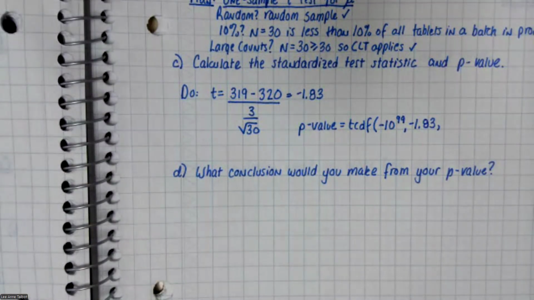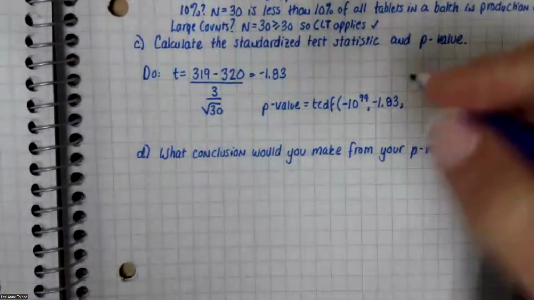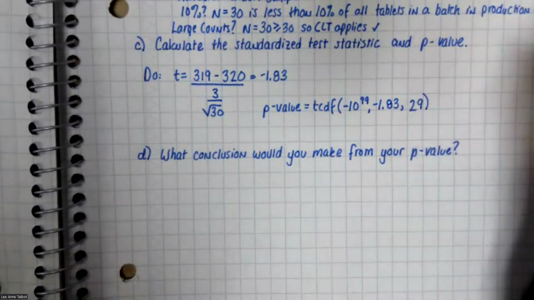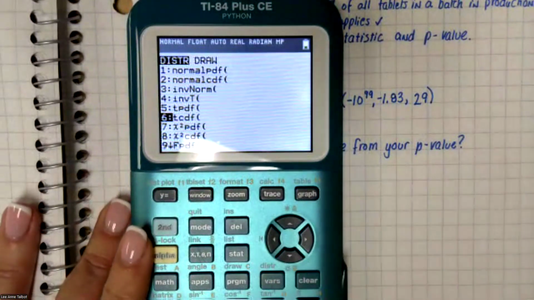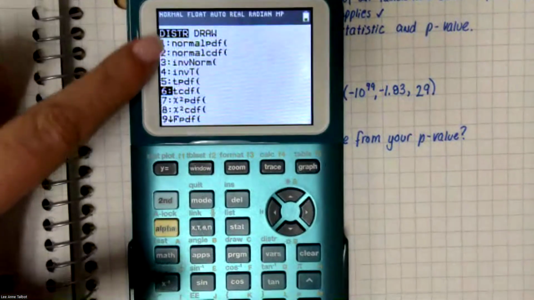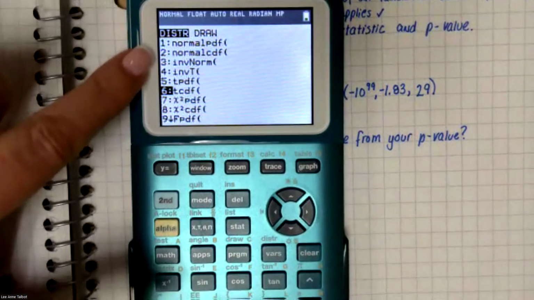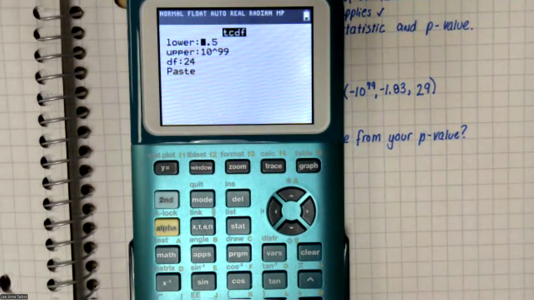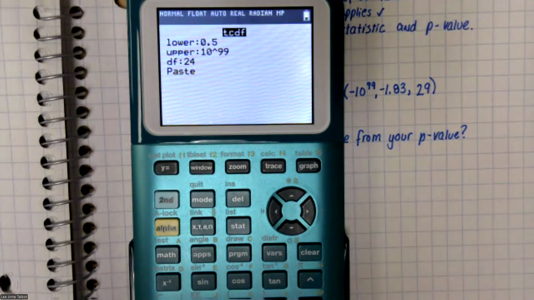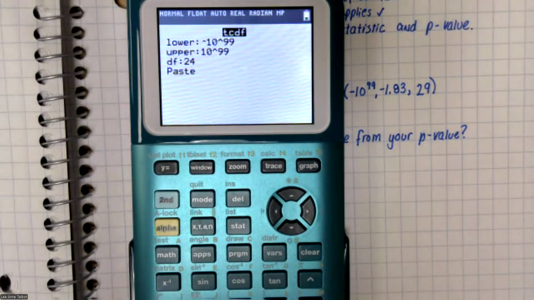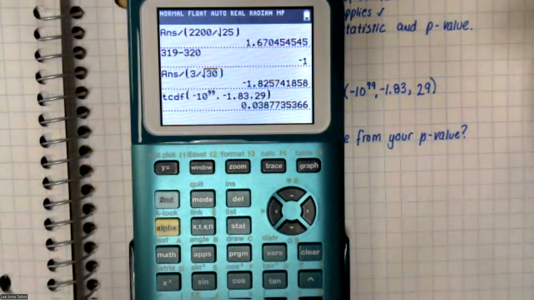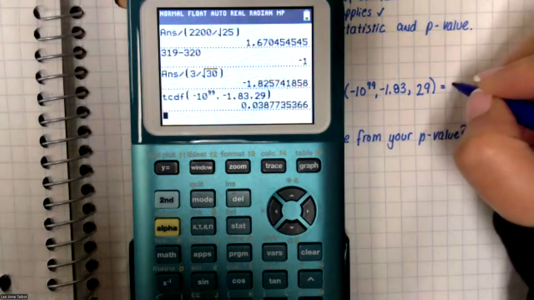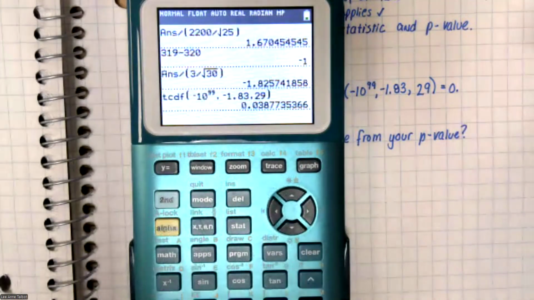And what are the degrees of freedom in this problem? 29. Just show you TCDF. It's located right next to all your other friends in your calculator. Look at them. They're all in a group together. Oh, I was wrong. No, I wasn't.